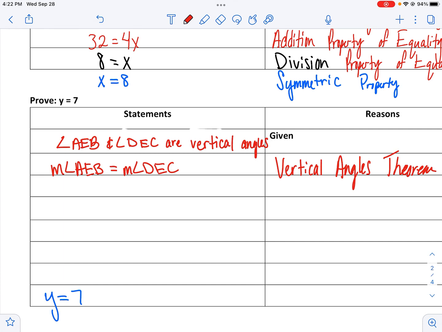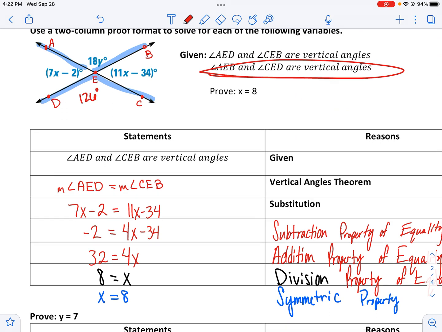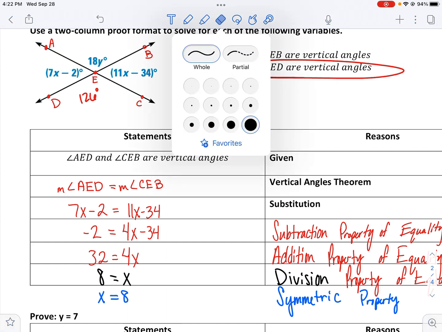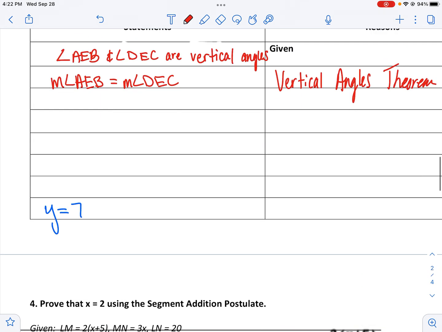So the first step is always given. Second step, what relationship do I see in letters? And the third step would be what equation can I write? What numbers can I use to write an equation here? And in this case, I see 18y and 126. So AEB is 18y and DEC is 126.